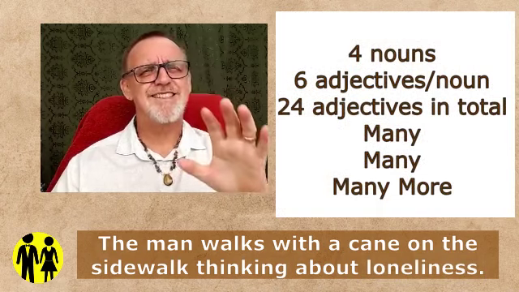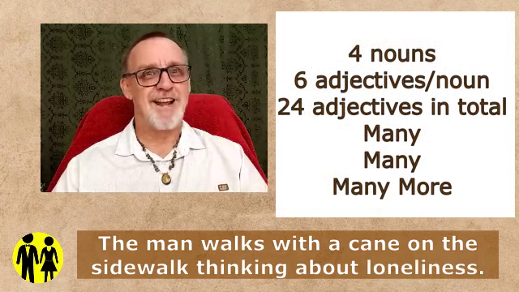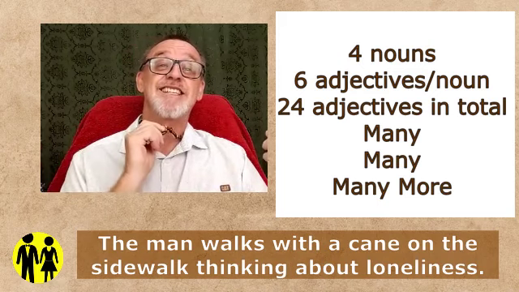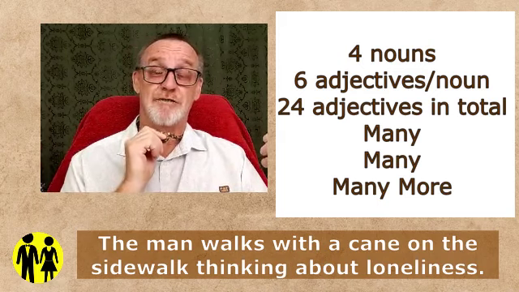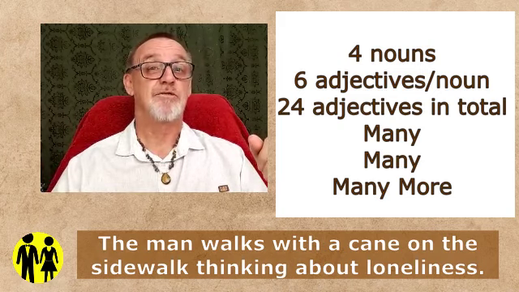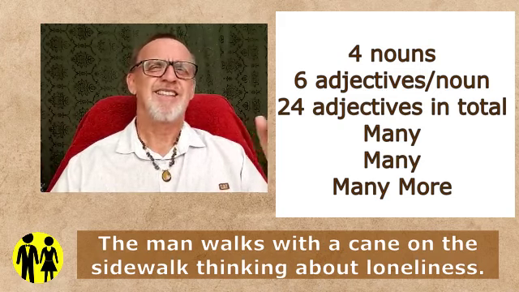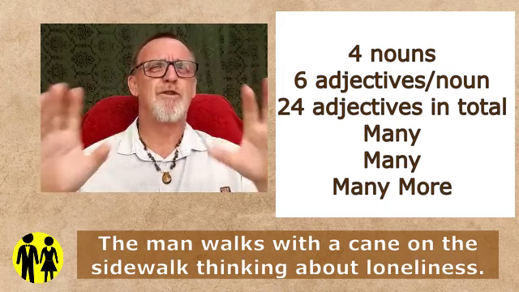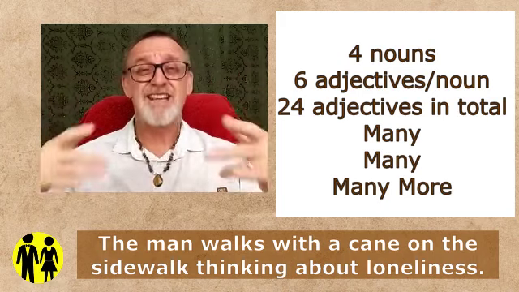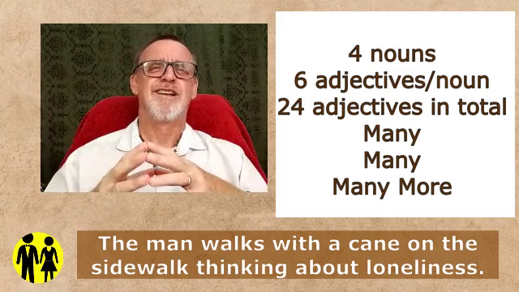So in this sentence, there are 4 nouns. And we have found 6 adjectives to describe each of those nouns. That's a total of 24 adjectives. And there are many, many, many more.